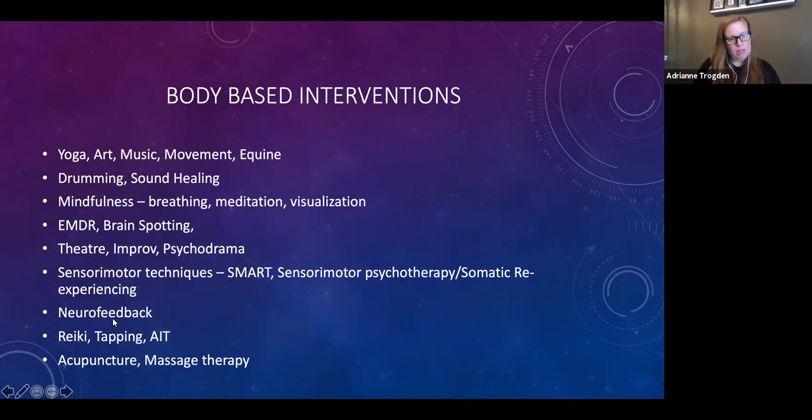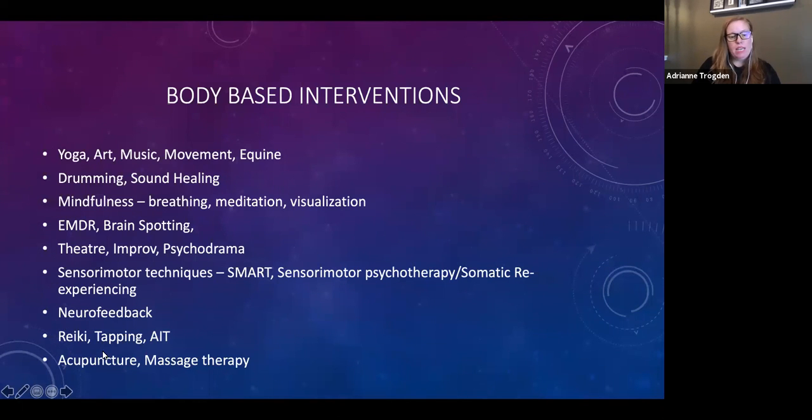Neurofeedback can be helpful. Again, that's brain function. And since we know that trauma and addiction impact the brain, referring somebody for neurofeedback can be an alternative therapy that can have good impacts.